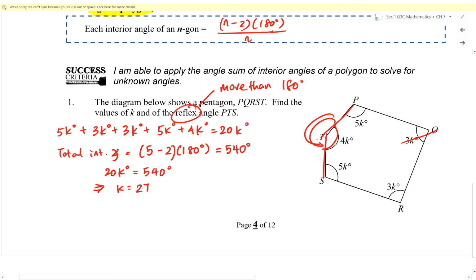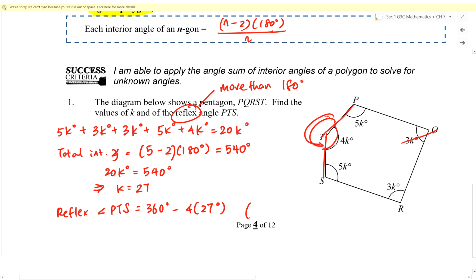You need to be able to identify which angle they want based on the name. Since they say reflex angle, you write down reflex angle PTS has to be 360 degrees minus 4k. 360 degrees minus 4 times 27 degrees.